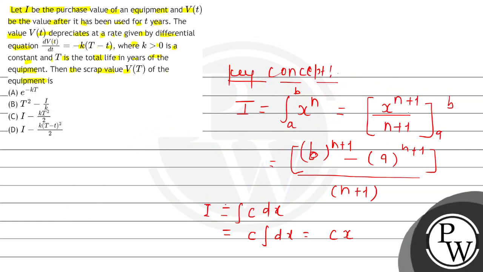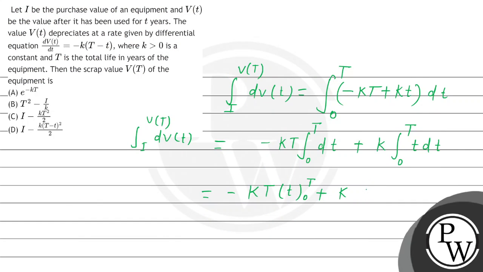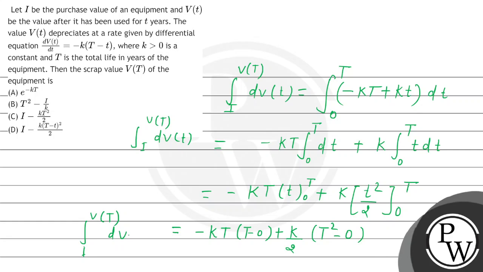From the formula that we have seen, x to the power n, we can write it as t square by 2, and now we'll put in the limits from 0 to capital T. So kT times T minus 0 plus k by 2 times T square minus 0. This is the value of the integration from I to V of T of dV.